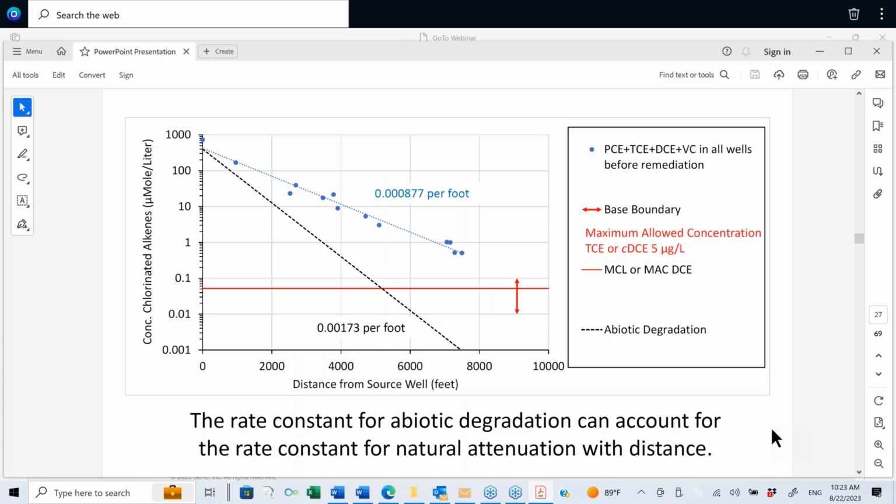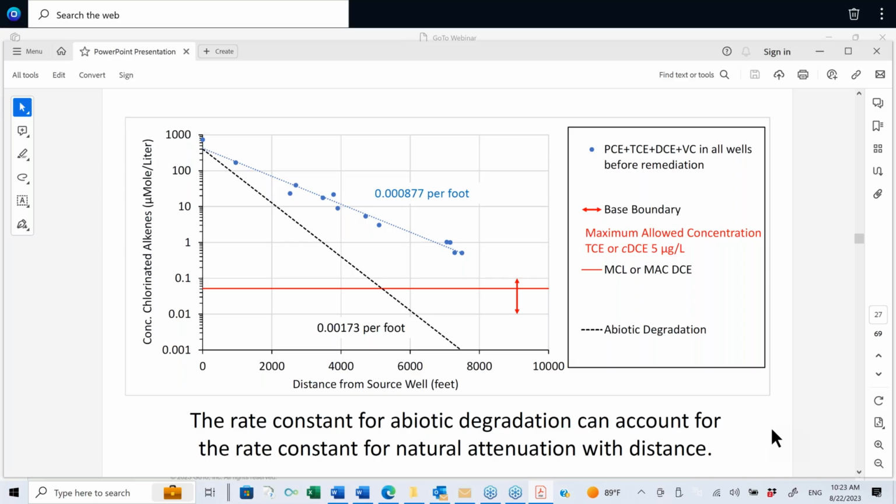That actually is a little faster than the rate that we saw at field scale. And so we can say then that the abiotic transformation rate constant in the Clemson microcosms can account for that rate constant of natural attenuation with distance. We don't need dispersion to explain it.